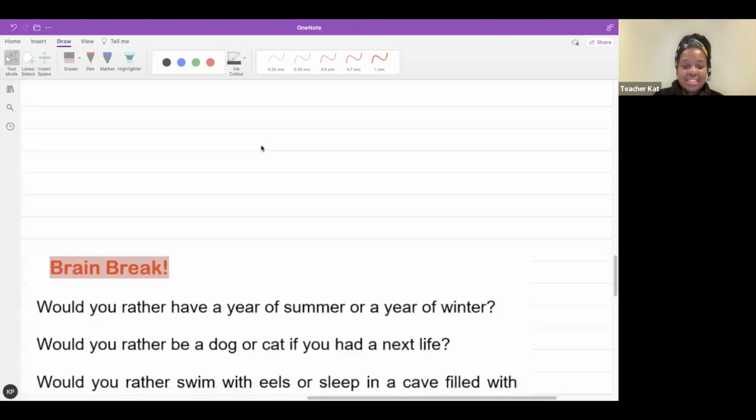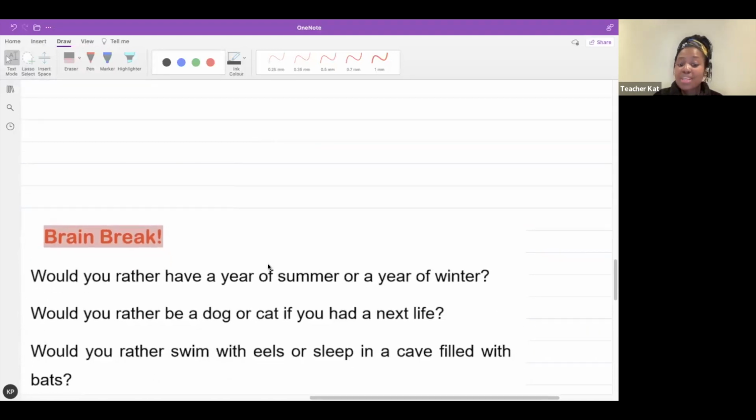See, guys, let's see the next one. Would you rather swim with eels or sleep in a cave that has bats? What do we say, guys? You're going to either swim with eels or sleep in a cave with bats. That's fine, they are blind, but some of us are scared of them. Yo, guys.